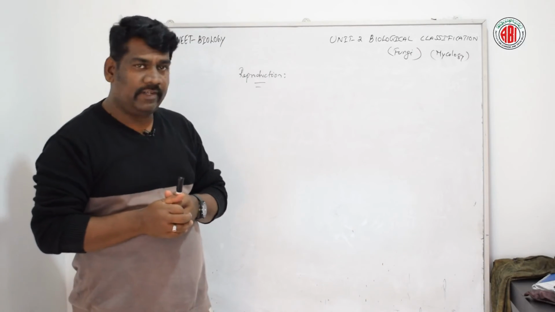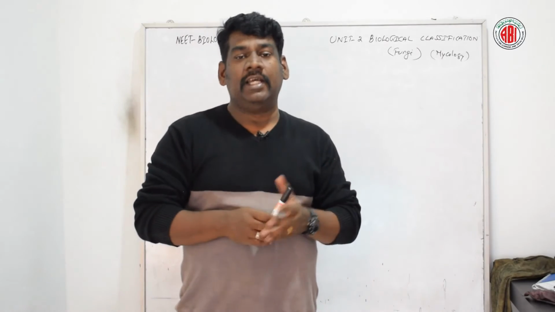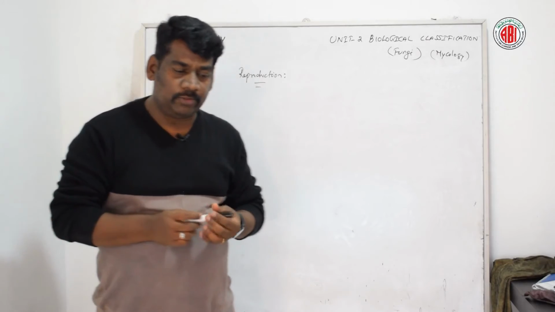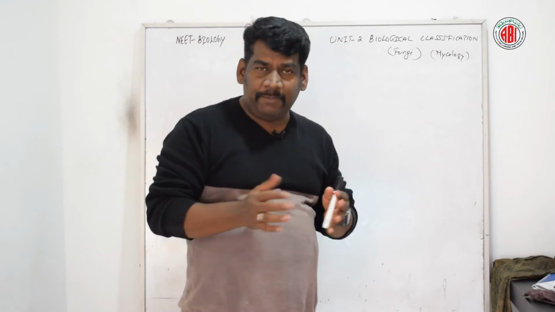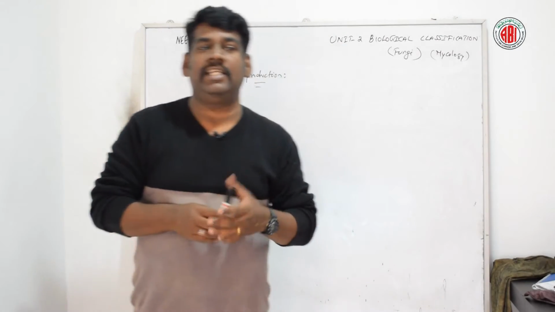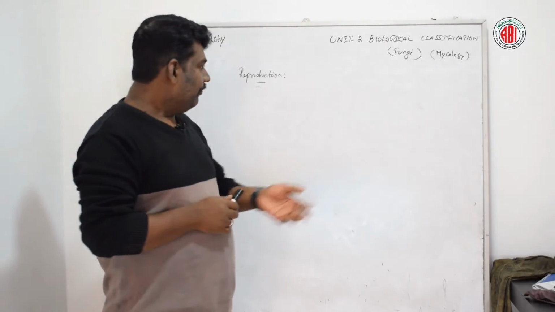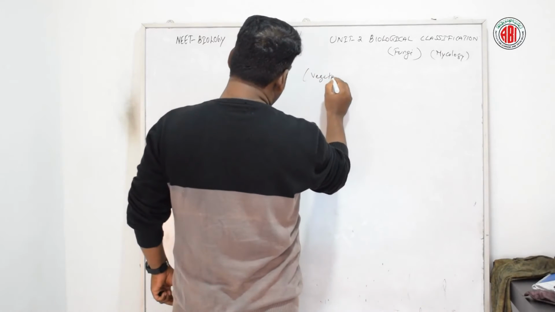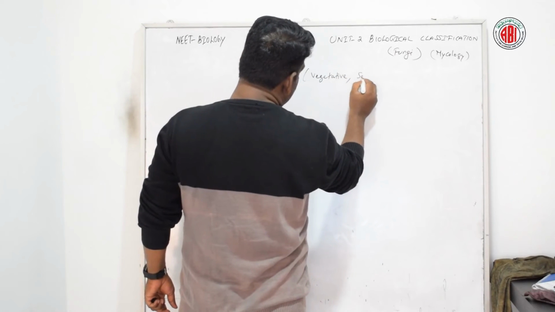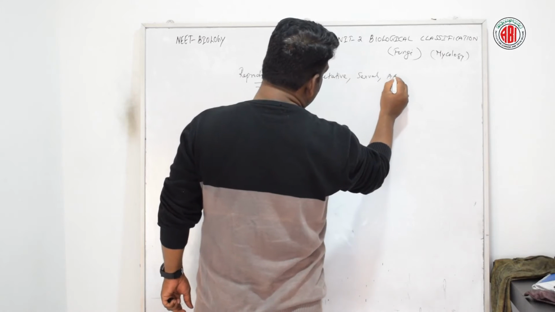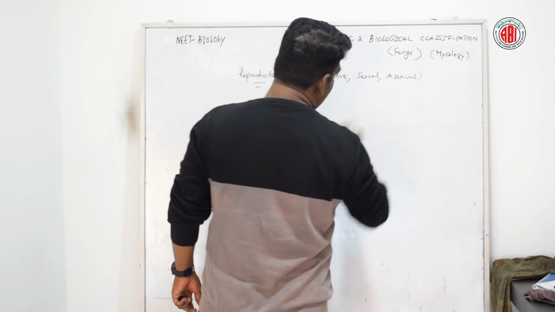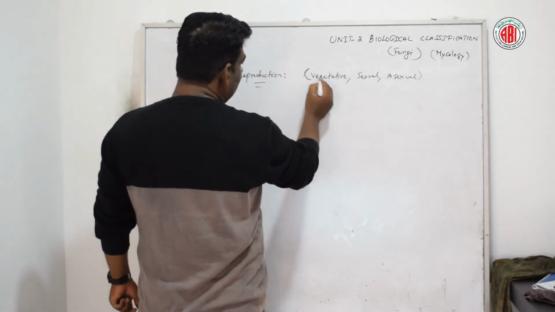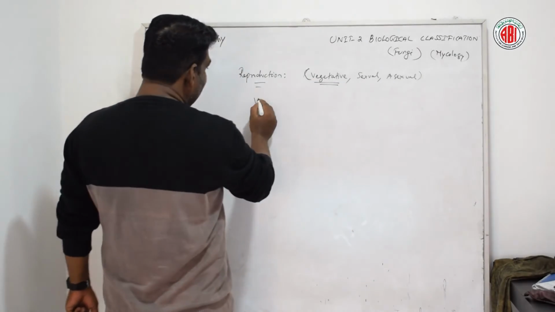They can involve the vegetative mode, the sexual mode, and the asexual mode of reproduction. So these are the three different types of reproduction seen in fungus. In that, first, vegetative, sexual and asexual modes of reproduction can be seen. First, let us talk about the vegetative mode of reproduction in detail.